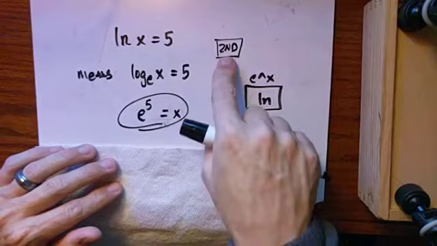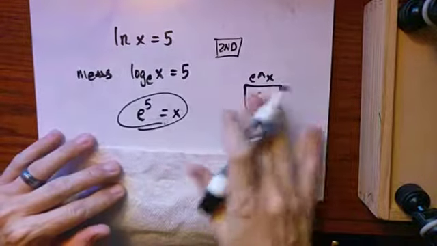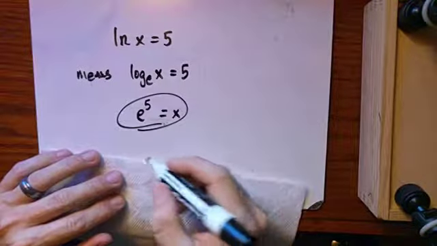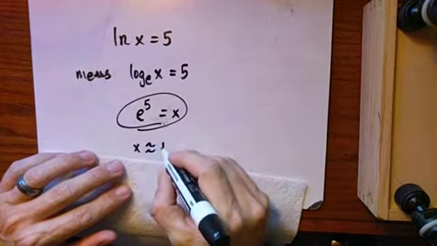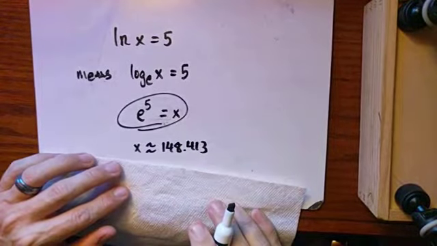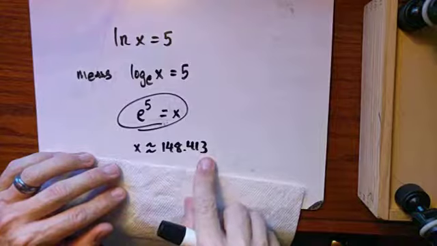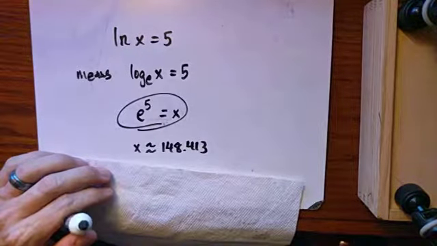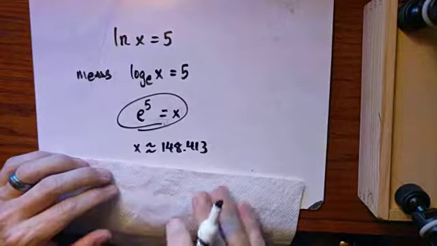So you could do second natural log and get e raised to something. Anyway, this turns out to be about 148.413. So the natural log of that huge number is 5. So that's how to deal with natural logs and common logarithms.